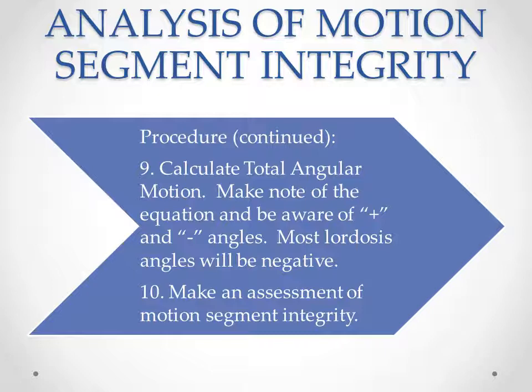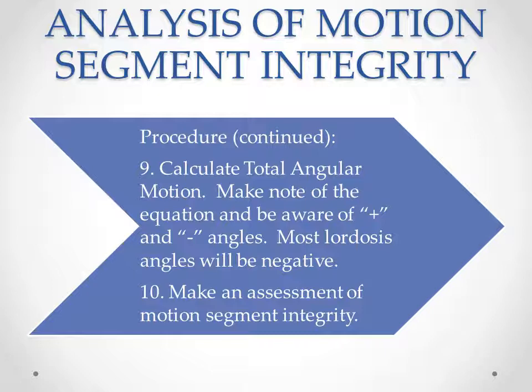I have to be honest, I have once lost track of my positive and minus signs, and I awarded permanent impairment for loss of motion segment integrity simply on the basis that I assigned an incorrect angle to one of the intersegmental motions, and that can make a significant difference. So make sure to keep track of your plus and minus signs. Remember that lordosis angles are negative angles.